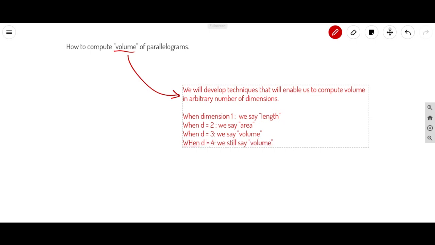We'll just keep using the word volume over and over, which is why I'm putting it in quotation marks, because it depends on what dimension you're located in. There's not really a name for when you're in 4 dimensions, so you just say volume.